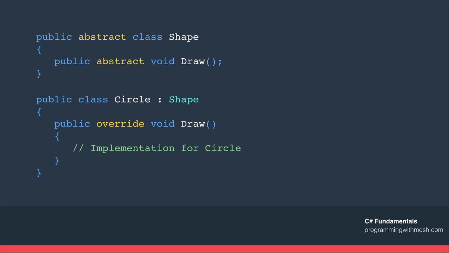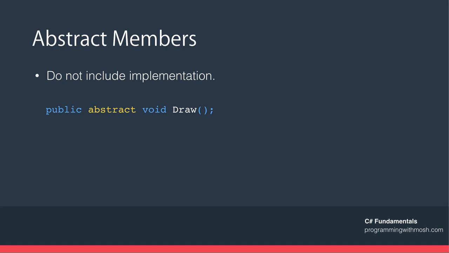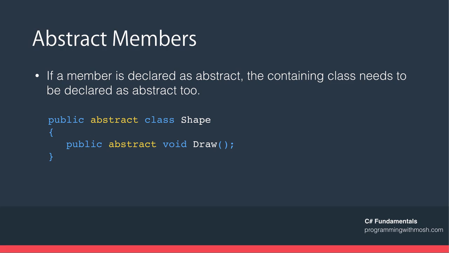Okay, now let's review a few rules that you need to know when working with abstract classes and members. The first one is that an abstract member cannot include implementation. So as you saw in the previous example, the draw method didn't have a body. It was purely a declaration. The second rule is that if a member is declared as abstract, the containing class needs to be declared as abstract too.